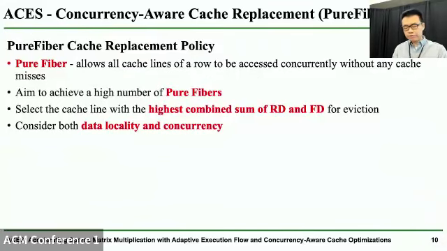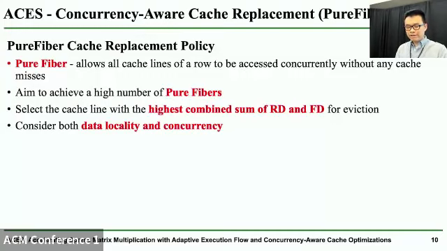We developed the pure fiber, a concurrency-aware cache replacement policy. We define the pure fiber as a scenario where the cache lines of a row are accessed concurrently without any cache misses. Achieving a high number of pure fibers in SPMM is critical to mitigate the total cache loss.